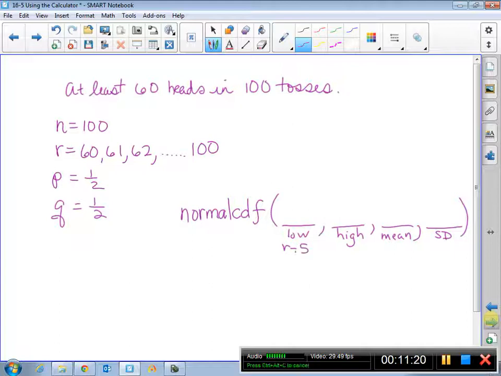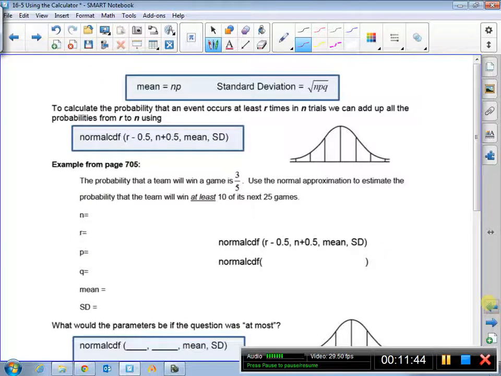Your high is going to be the number of rolls plus 0.5. I'll explain that in a little bit. Your mean is now figured out by multiplying n times p, and your standard deviation is figured out by doing the square root of npq. All of that is one page back here.